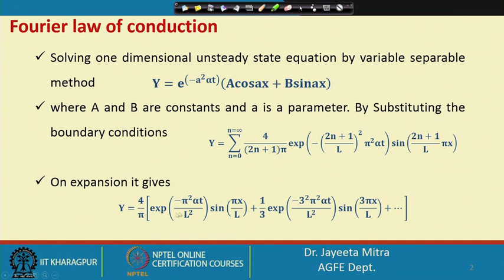We have seen that only the first term of this equation can be taken for calculation of the temperature, where this parameter y equal to T minus T 1, which is the temperature of the sink, divided by T 0 minus T 1, and alpha is the thermal diffusivity of a material, L is the characteristic length of the body or the food that we are considering, and x is the dimension which is related to the distance from the center to the surface.